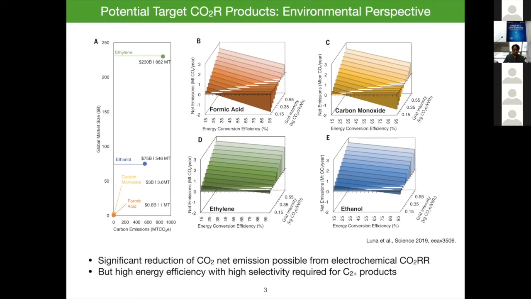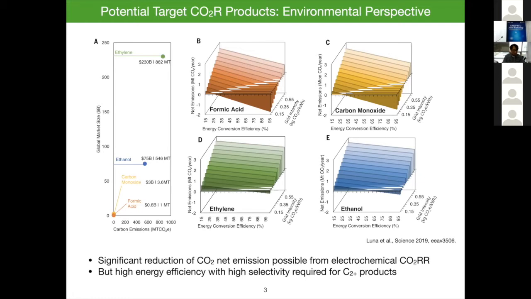But you can also perform the sensitivity analysis as a function of the energy efficiency of your electrochemical system and also the grid intensity. Grid intensity means how much CO2 is emitted in the conventional power plants. You can see the net CO2 emission from the electrochemical process.